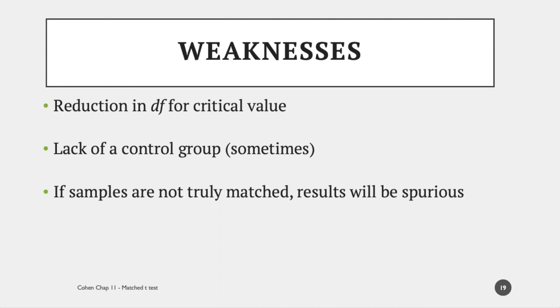If samples are not truly matched, the results will be spurious. So if you really actually have independent groups, but you're treating it as a matched group, the difference scores are just random, and your results are just going to be crazy. So if you don't have matched groups, do not use this design. Do not use this test.